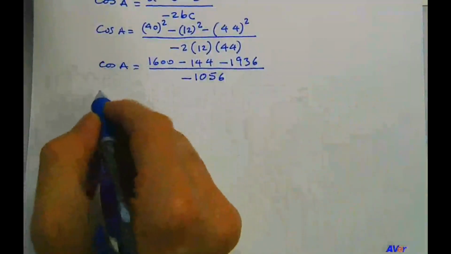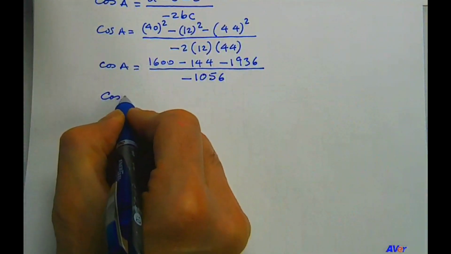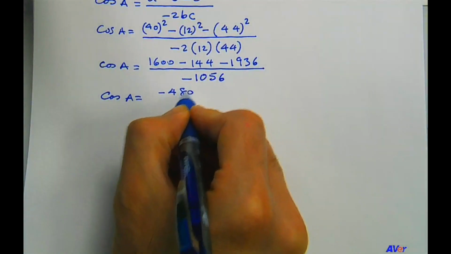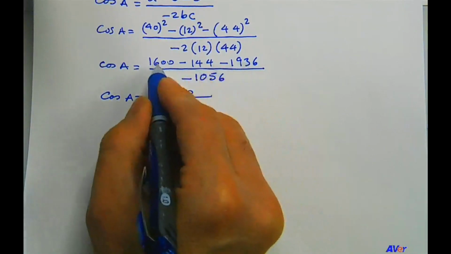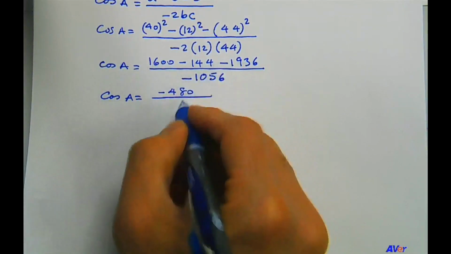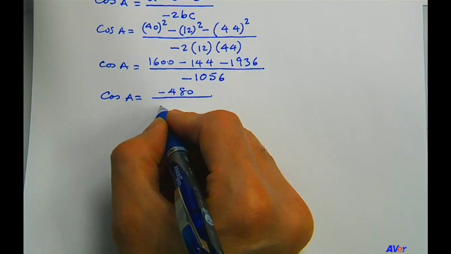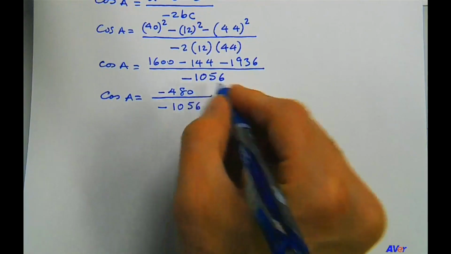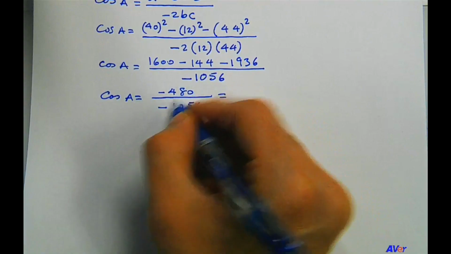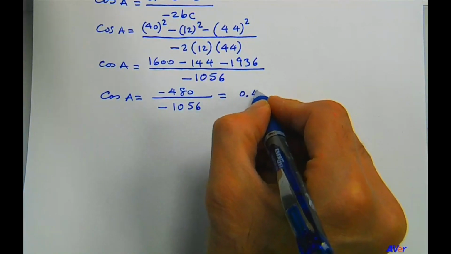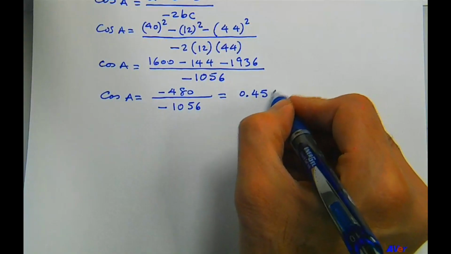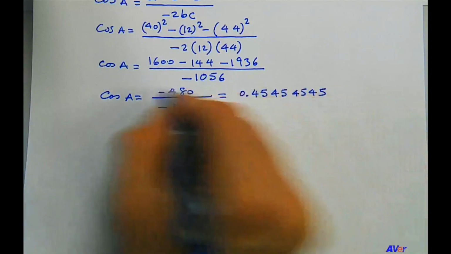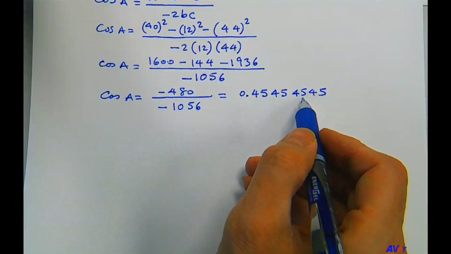So after that, we have cosine of A equals minus 480, that's 1600 minus this minus that, over minus 1056. And minus divided by minus is a positive quantity: 0.454545, and it's repeating. So I'm going to stop there.